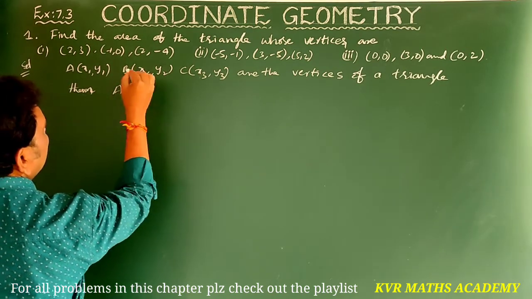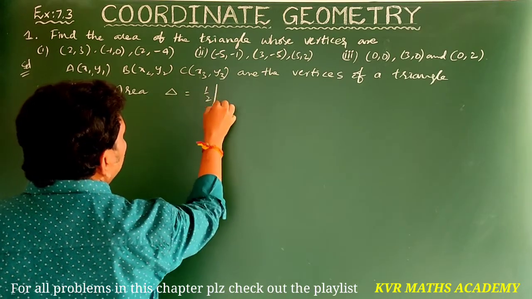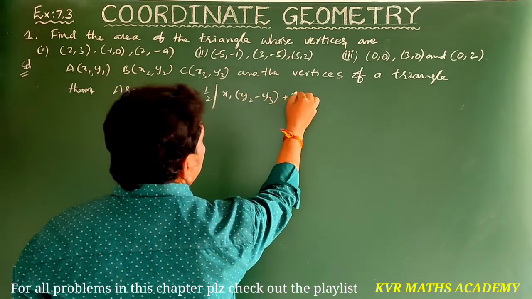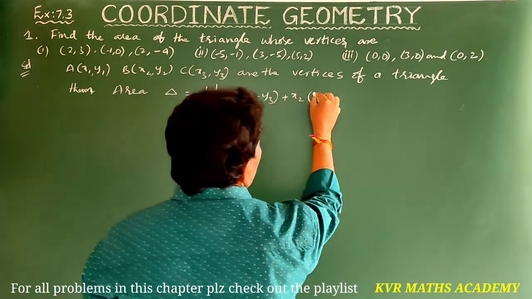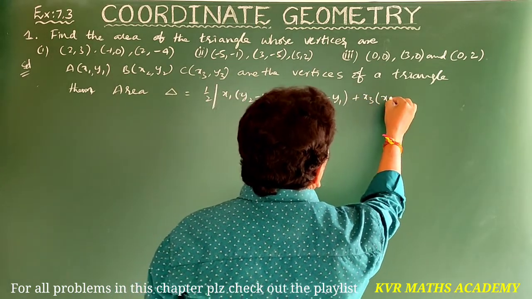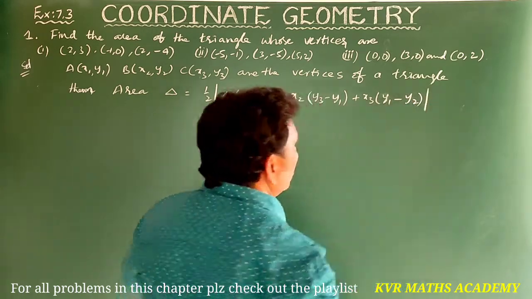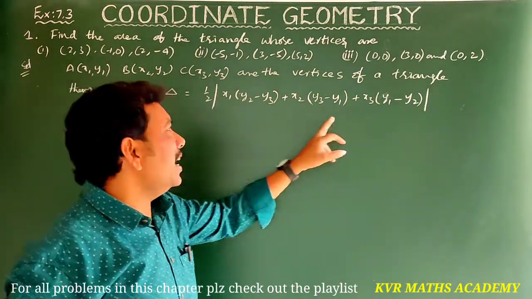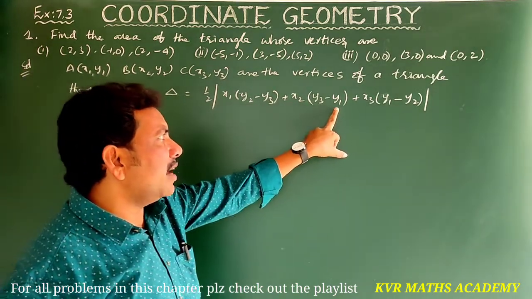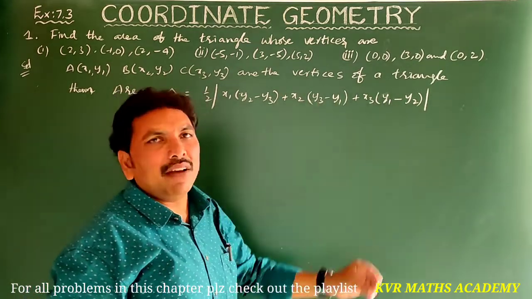Area is equal to half of the modulus of x1 into (y2 minus y3) plus x2 into (y3 minus y1) plus x3 into (y1 minus y2). So this is the area of the triangle.